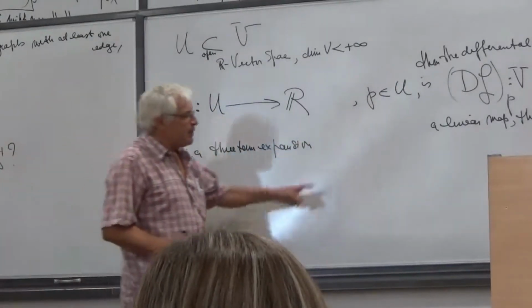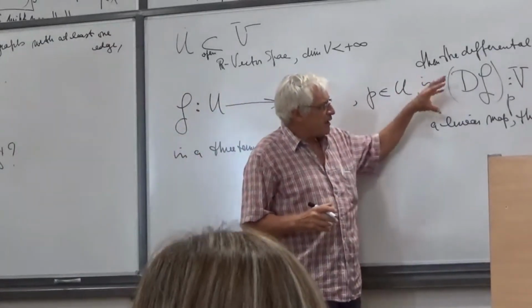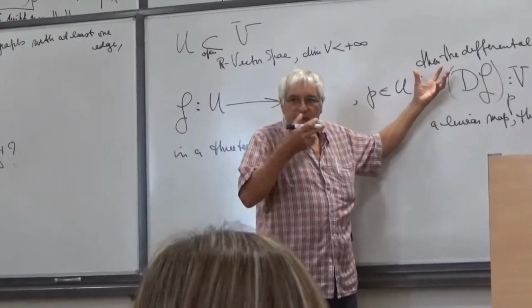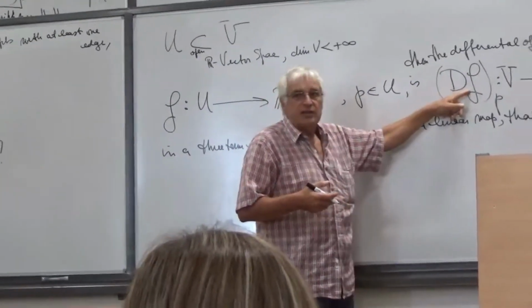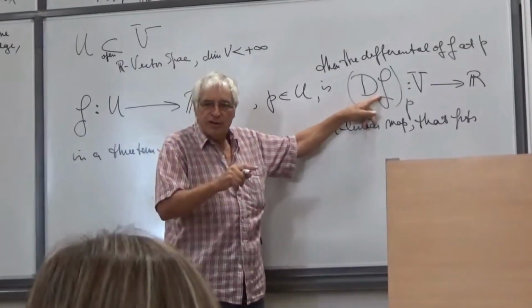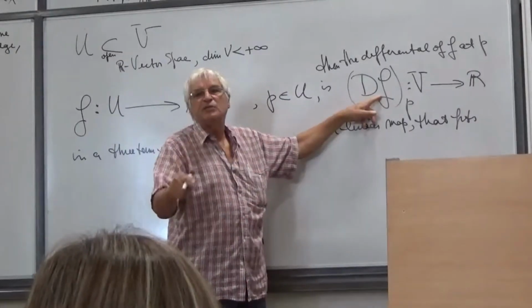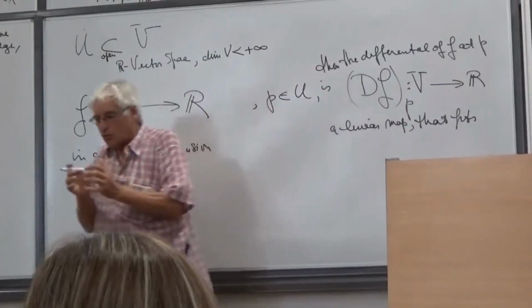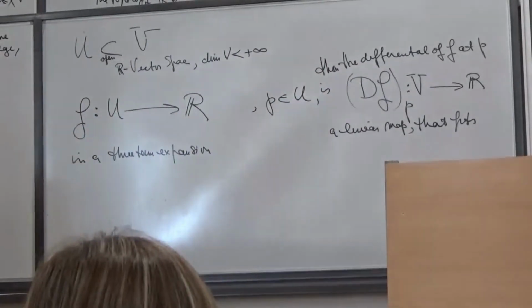So the main use of this linear map is to get insight concerning your function, which is of local nature, concentrated at the point P. So this gives us local information of the function at the point P.